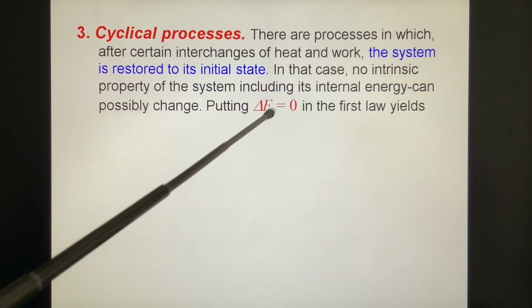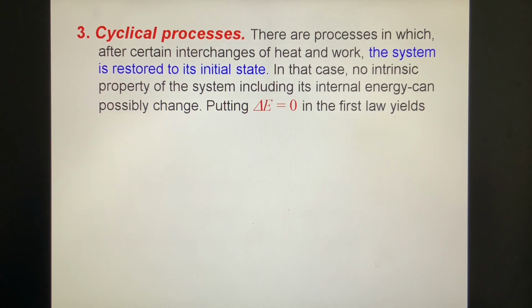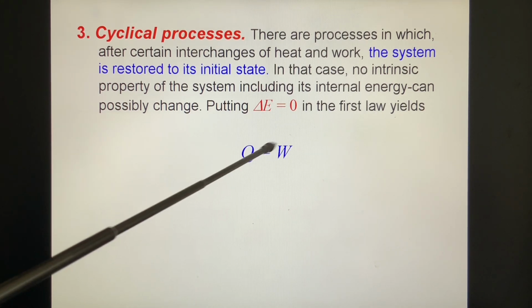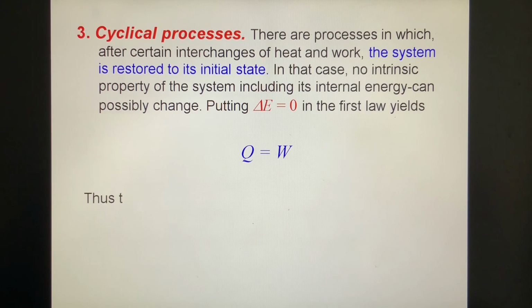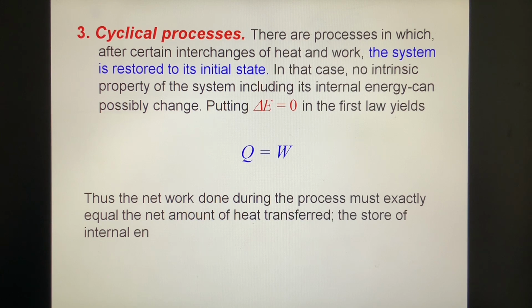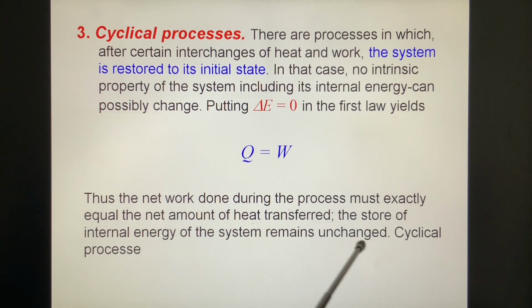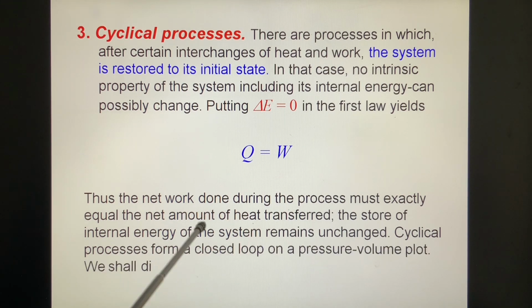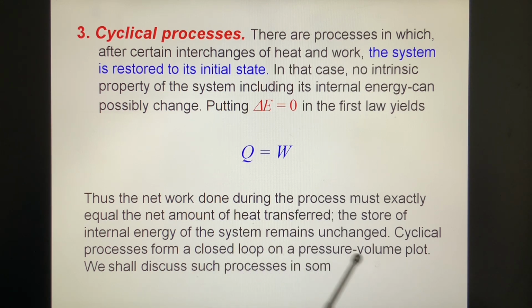Putting ΔE equal to 0 in the first law yields Q equals W. Thus, the net work done during the process must exactly equal the net amount of heat transferred. The store of internal energy of the system remains unchanged. Cyclic processes form a closed loop on the pressure-volume plot. We shall discuss such processes in some detail later.